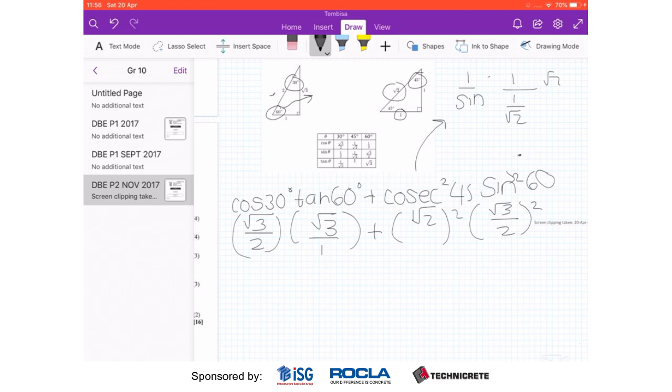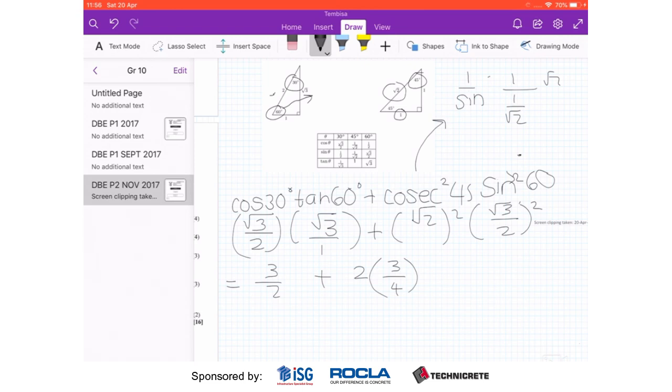Okay, let's now simplify. We should multiply the side first. So you're going to get 3 over 2 plus the side, we've got 2 times 3 over 4.